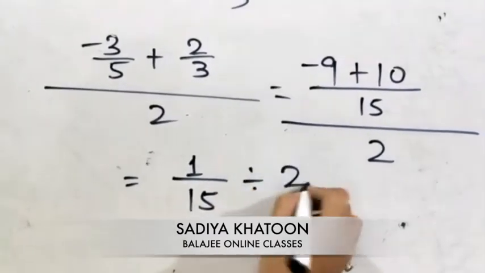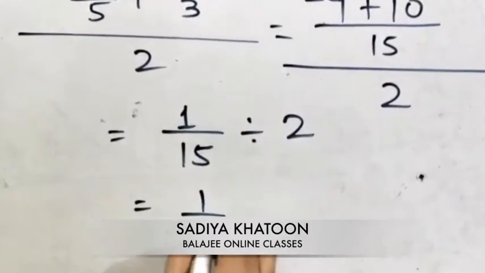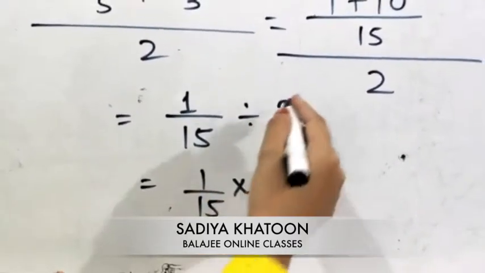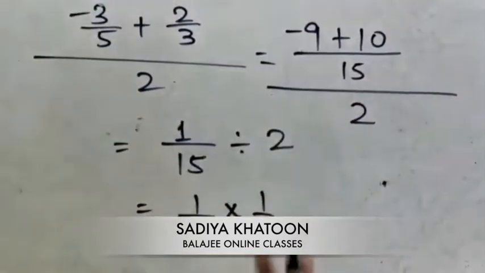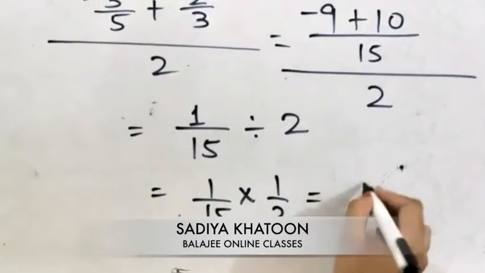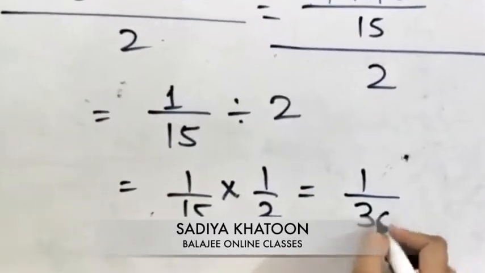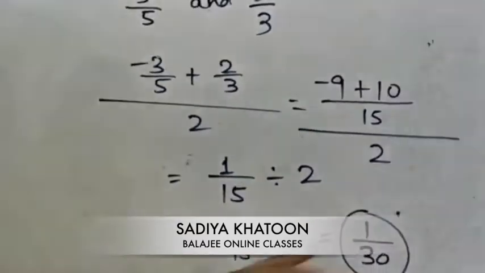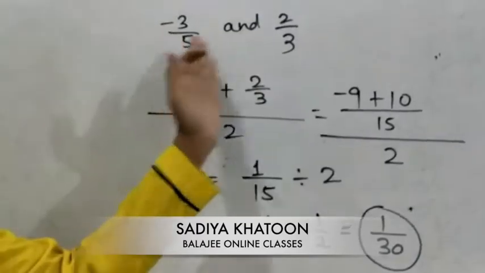It is divided by 2, which means you will write multiplied by 1 upon 2, because in division we take the reciprocal of the number by which we are going to divide. So 1 upon 15 2s are 30. 1 upon 30 is the rational number which can be inserted in between these two rational numbers.